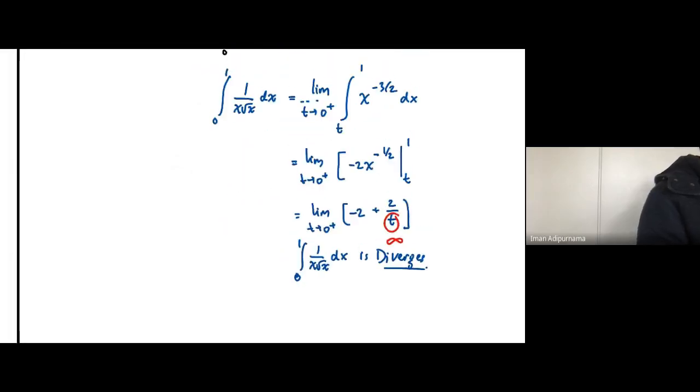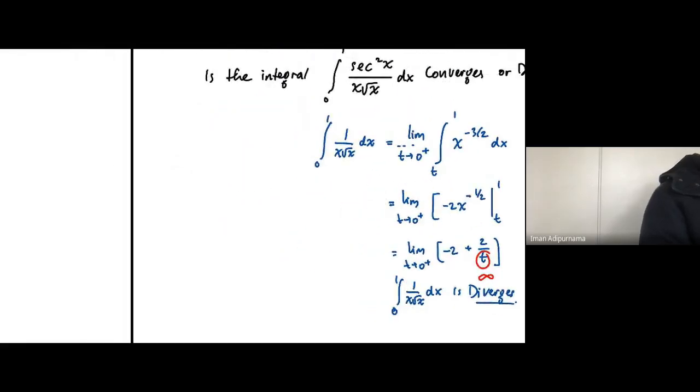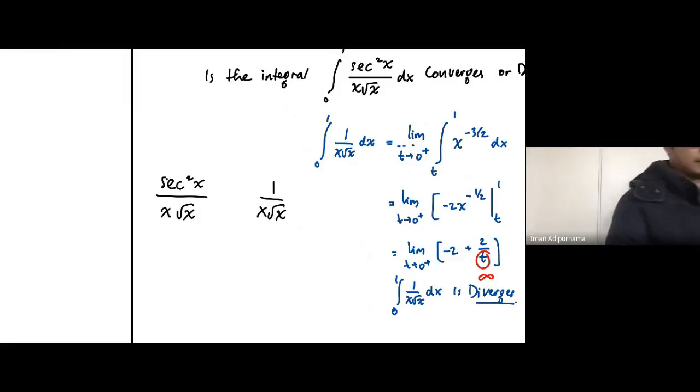And then we need to compare with our original question, the secant squared x over x squared x, and the other one is this, our original function. So at least it will be this, right?